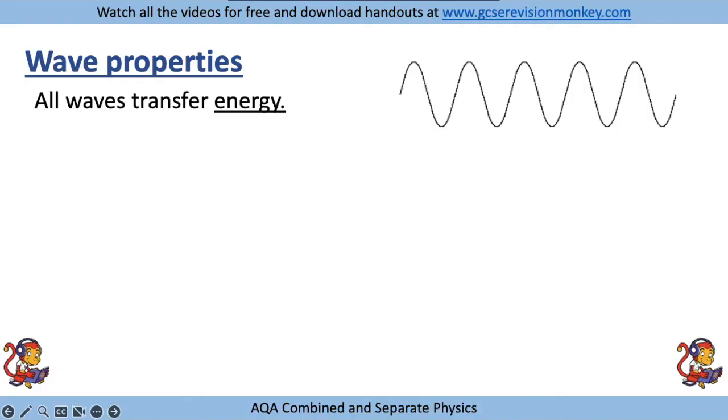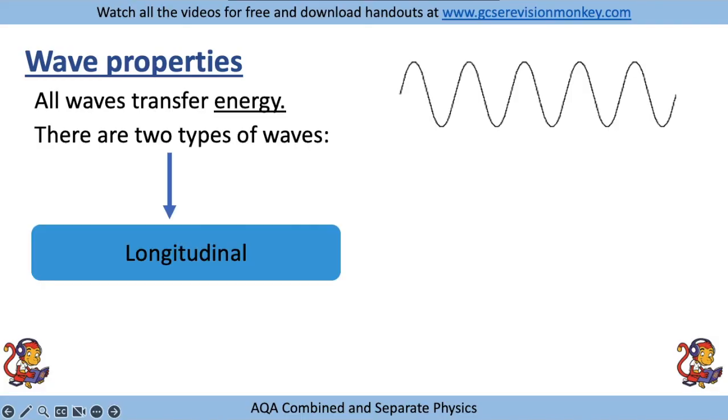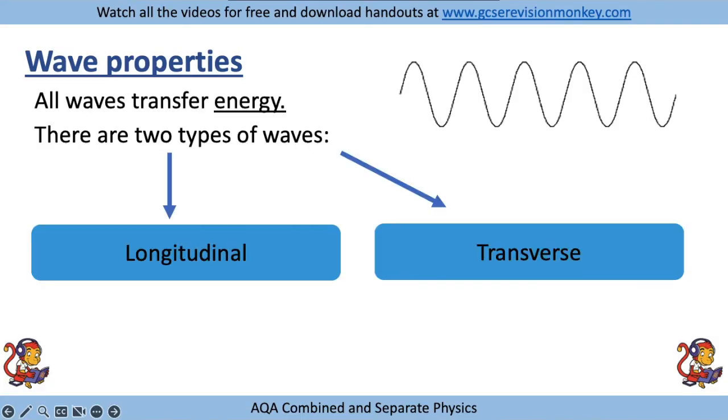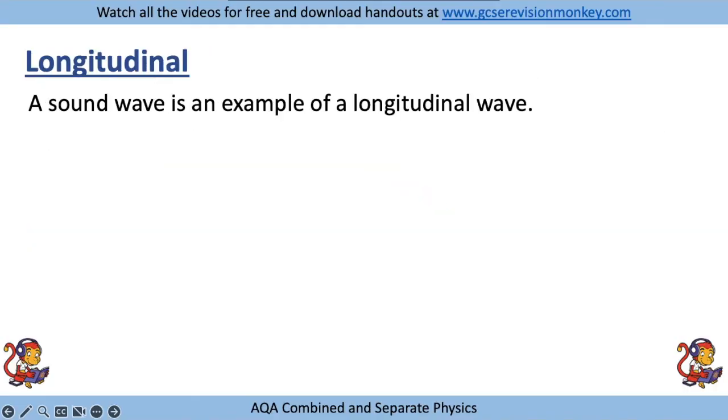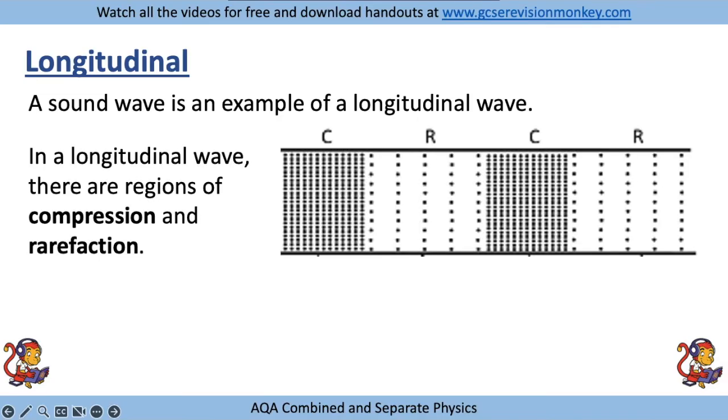All waves transfer energy. There are two types of waves, longitudinal and transverse. A sound wave is an example of a longitudinal wave. In a longitudinal wave, there are regions of compression and rarefaction. So here we have all the particles close together, and that's a region of compression.